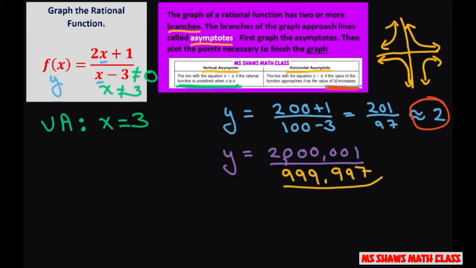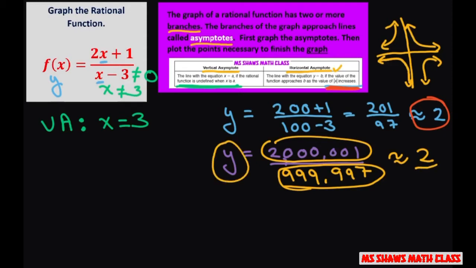This is almost 1 million, and this is close to 2 million. So this is even closer to 2. So that's what the horizontal asymptote means. That means y is going to get closer and closer to 2, but it'll never equal 2. It won't cross the horizontal asymptote. So your horizontal asymptote, therefore, is y equals 2.